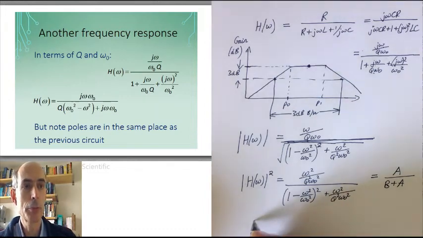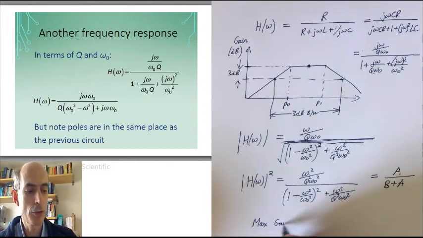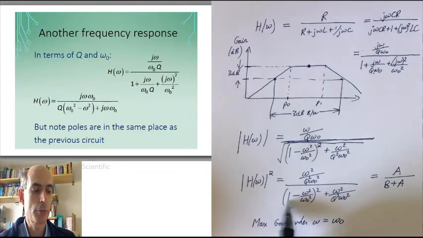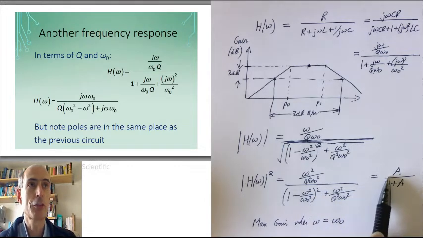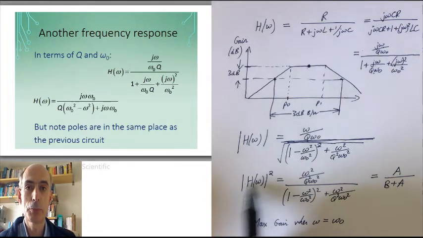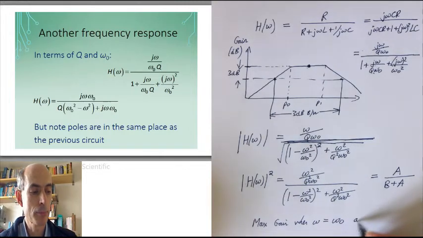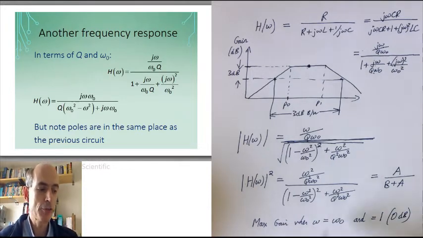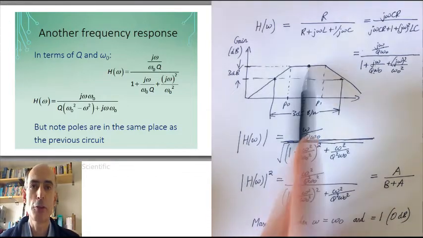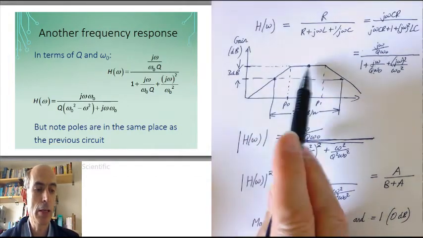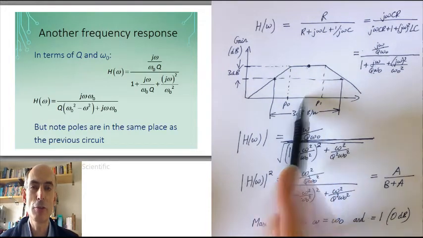So, maximum gain occurs when omega is equal to omega naught, and this term here is 0, and the maximum gain is, well, the square of the maximum gain is 1, which means the maximum gain has got to be 1 as well. In dB terms, it's 0 dBs. So we have this very simple and useful result that the maximum gain of one of these bandpass filters is 0 dB, and it occurs at the resonant frequency.